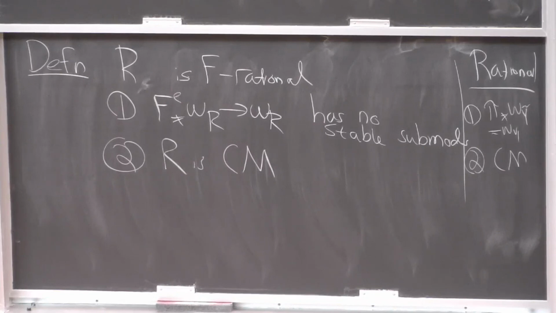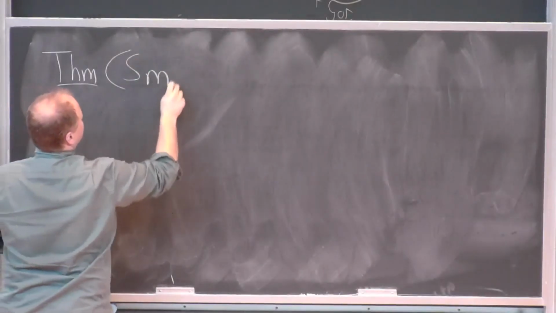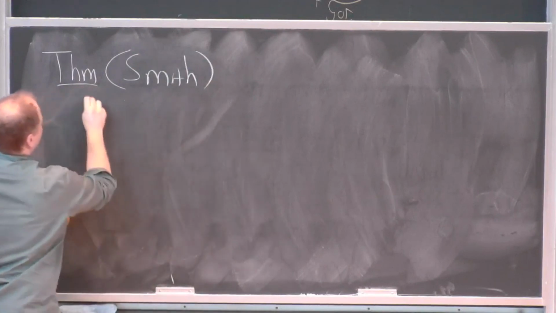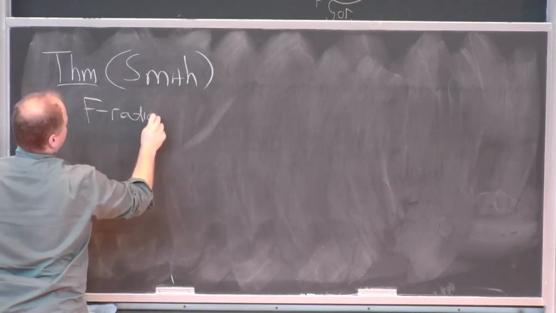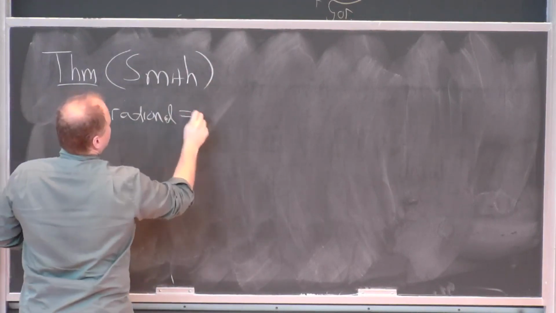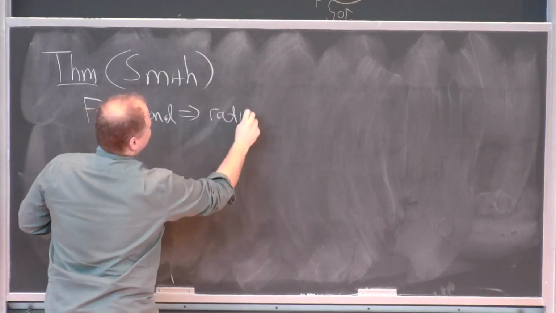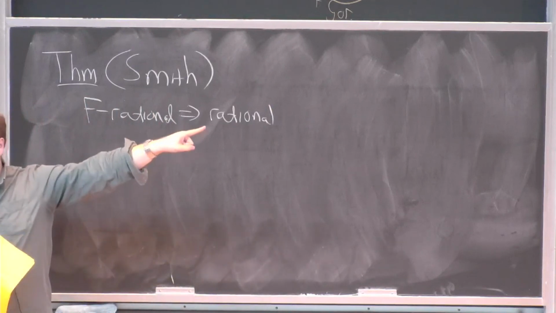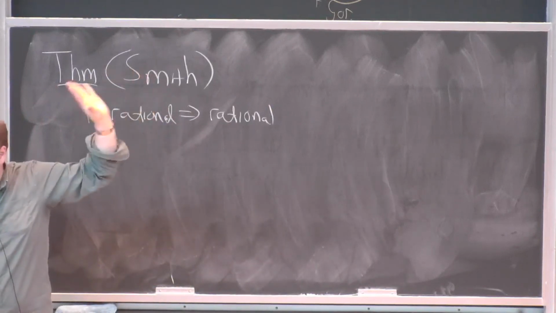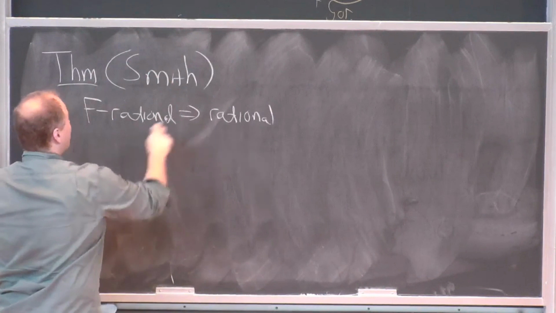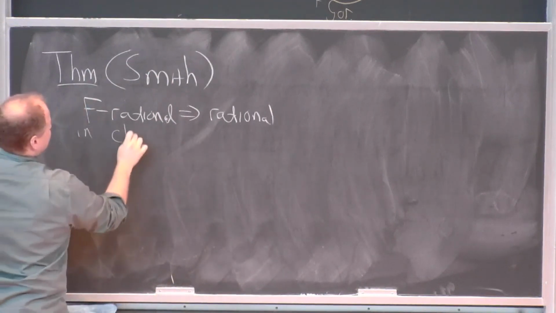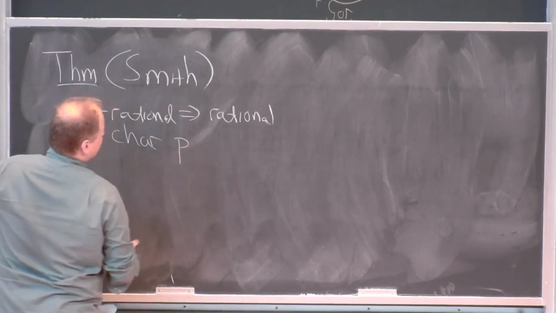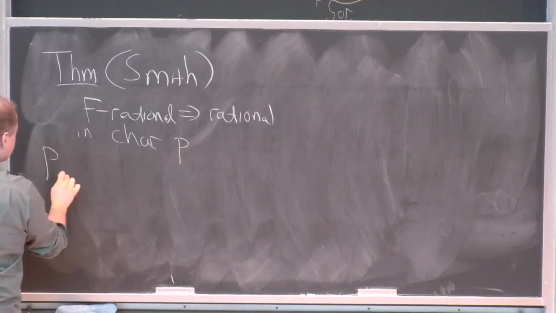Theorem, this is Smith: F rational implies rational. This used to be called pseudo-rational, but Chandra proved that it's the same as other definitions of rational, so I'm just going to prove it rational. F rational implies rational in characteristic p. And the proof is really easy.